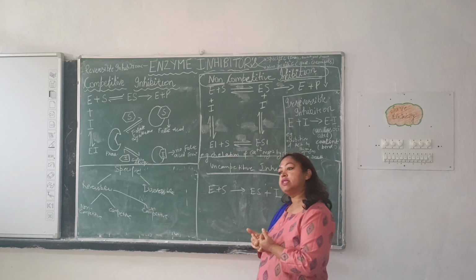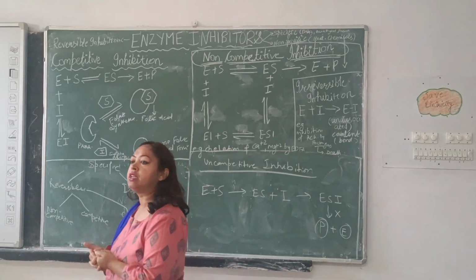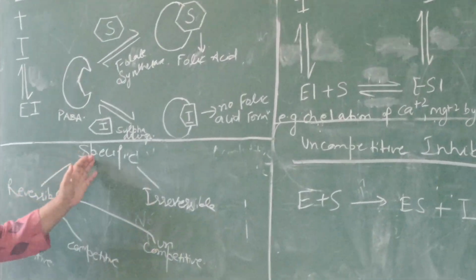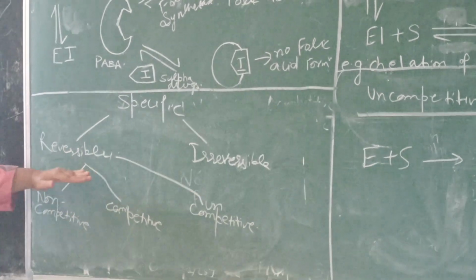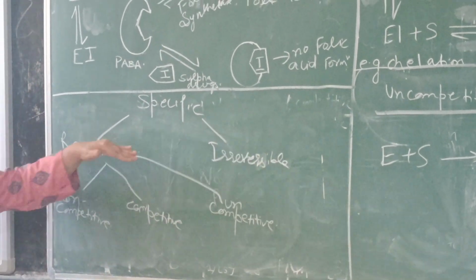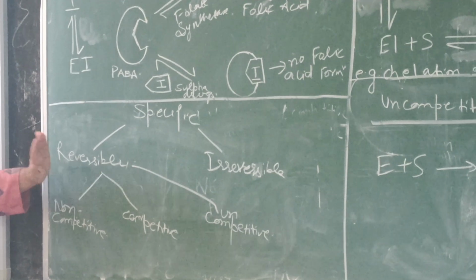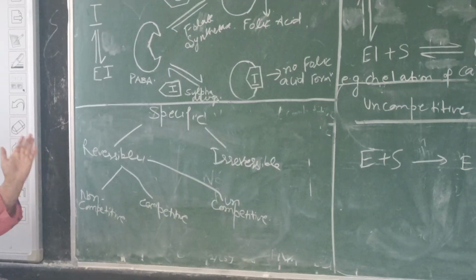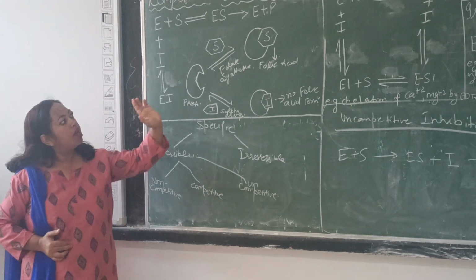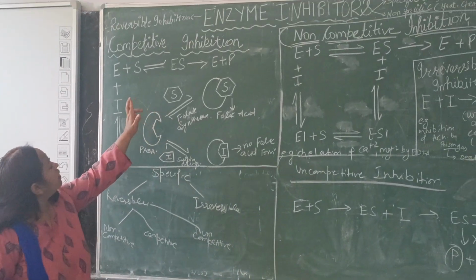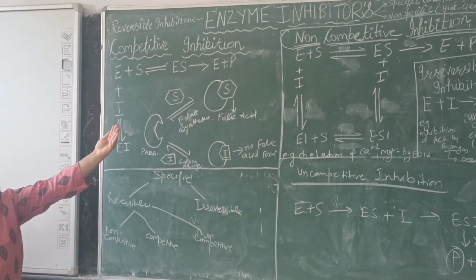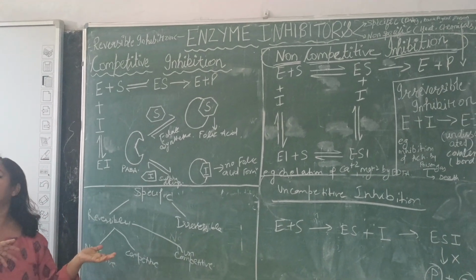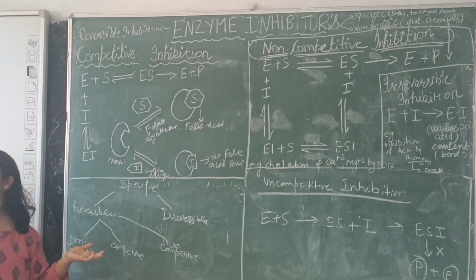Coming to the specific type of enzyme inhibition, we have two types, reversible and irreversible. In reversible inhibition, when the enzyme reacts with the substrate, all the reactions are reversible. That means again they can get back to the initial stage.